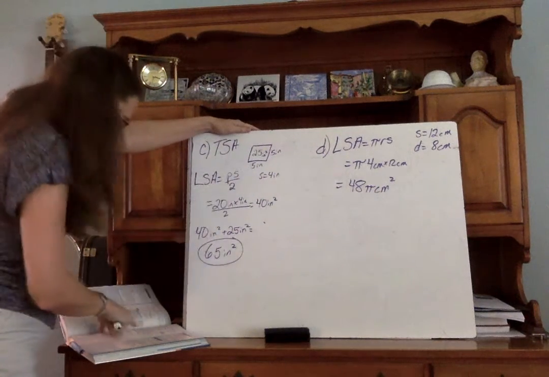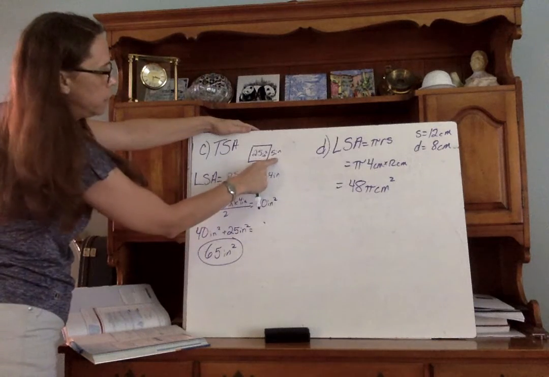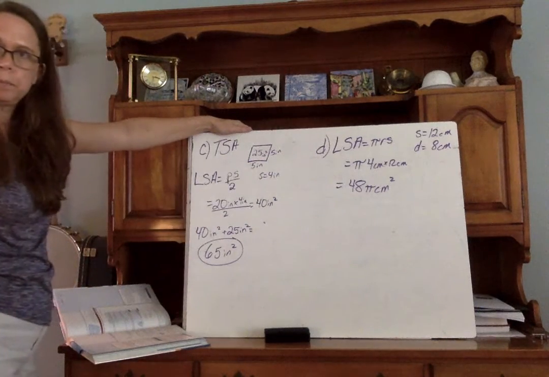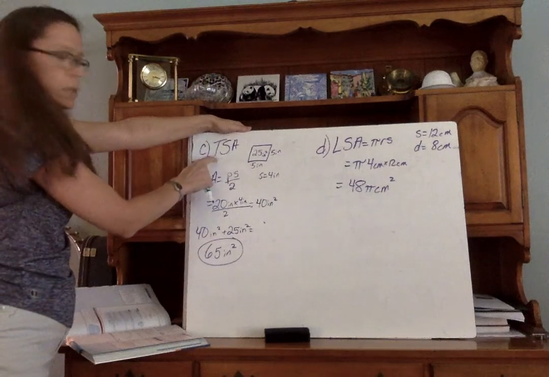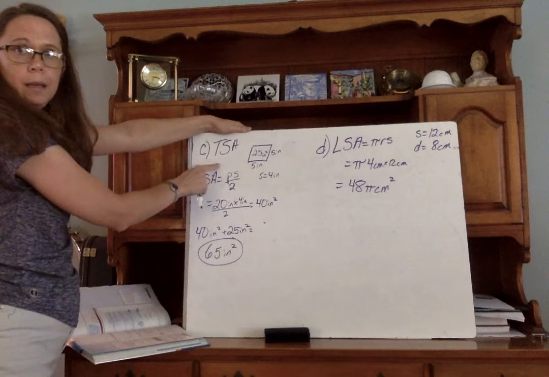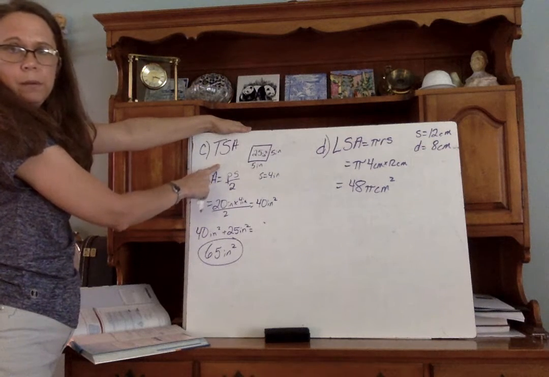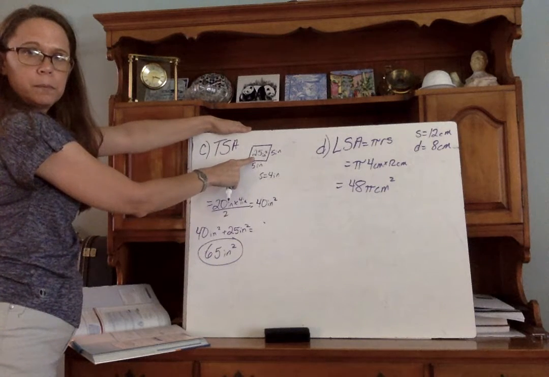It says that my square base has sides 5 inches long, so I did 5 and 5 on each side. I figured out the area of my base because they're asking for total surface area. After I find the lateral surface area, I got to add in the area of the base. So the area of the base is 25 inches square.